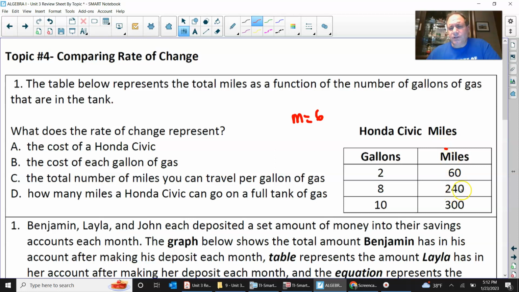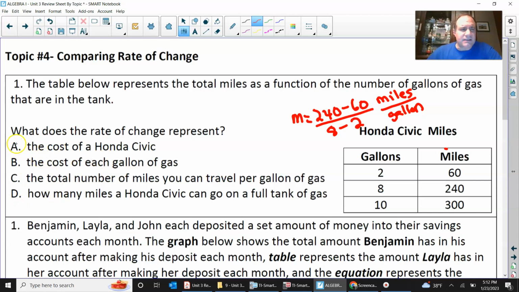So we're just going to go 240 minus 60, and then 8 minus 2, and I would get the number of miles per gallon. I think I put the words in there just to make sense.